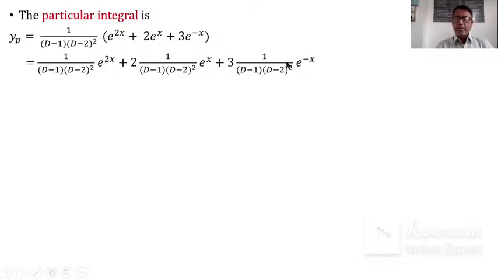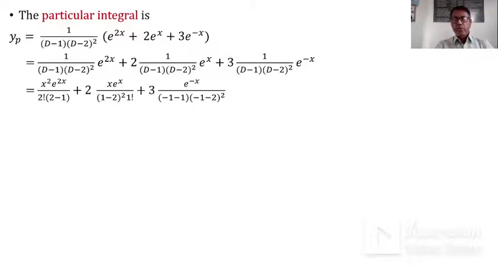We substitute D by minus 1, means we obtain 3e^(minus x) divided by, in the first bracket, minus 1 and in the second bracket, (minus 1 minus 2) square. In this way, we write the terms.